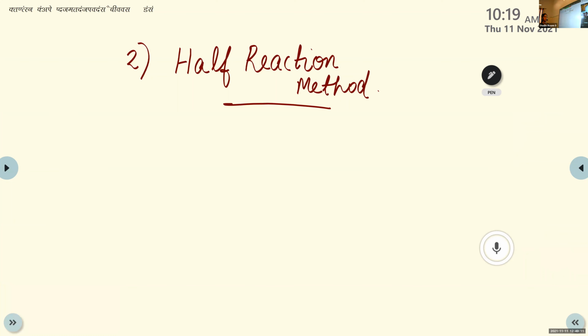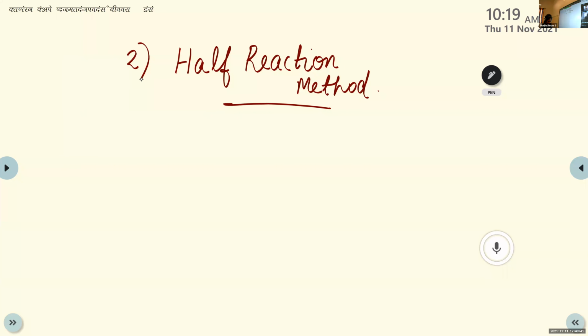So which are the two half reactions of redox reaction? Can you tell me? Sarah, which are the two half reactions of redox reaction? Oxidation and reduction. Okay. So here we are using these two half reactions to balance this redox reaction.